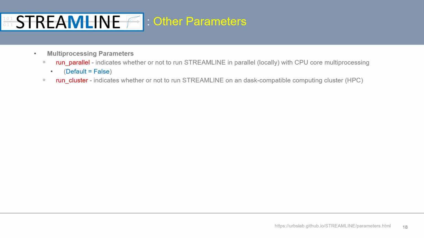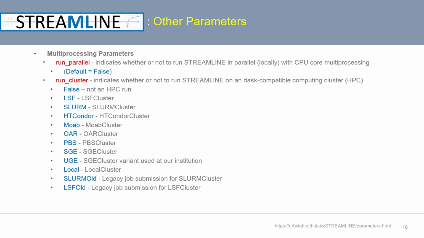Run cluster indicates whether STREAMLINE will be run on a DAS-compatible computing cluster or HPC. Setting this to false indicates that STREAMLINE is to be run locally, while it can also be set to run on any of these other DAS-compatible computing cluster options that may be available to the user. The run parameter reserved memory is important when running STREAMLINE on an HPC and indicates the memory in gigabytes reserved for STREAMLINE jobs.